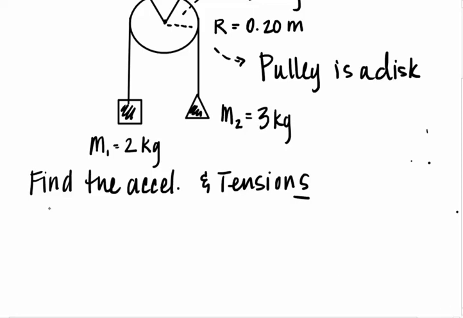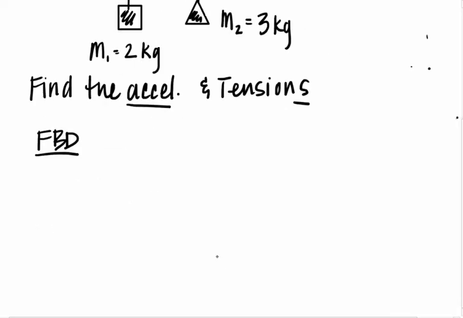So, just like we have before, to find the acceleration, we can sum the forces, so we need our free body diagrams first. So let's draw the force diagram for the 2 kilogram mass that I called M1 to make things super confusing.